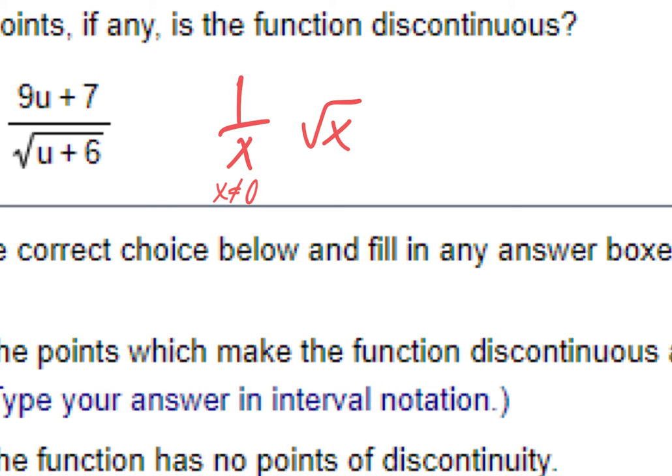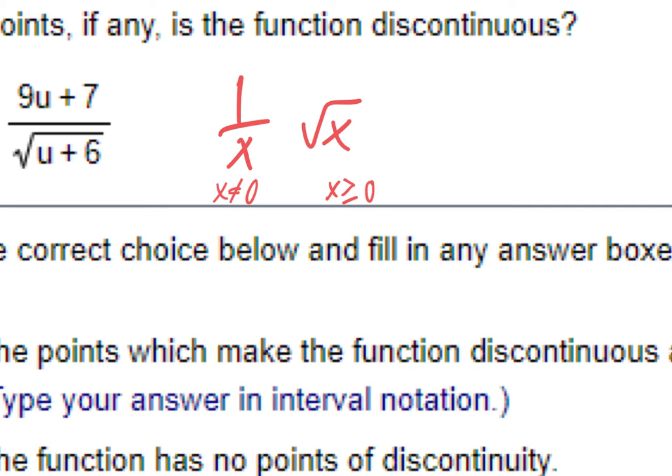So that means the x itself inside of the square root must be greater than or equal to 0. Numbers greater than 0 are positive, so I can take the square root of a positive number.